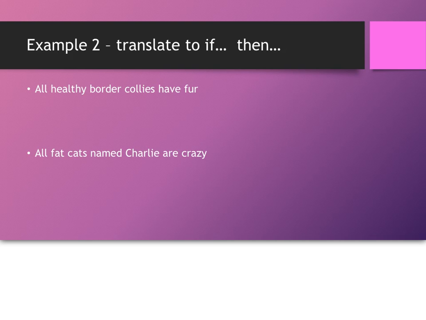Now, if I want to translate that to an if-then statement, what I'm saying is if the border collie is healthy, then it has fur.